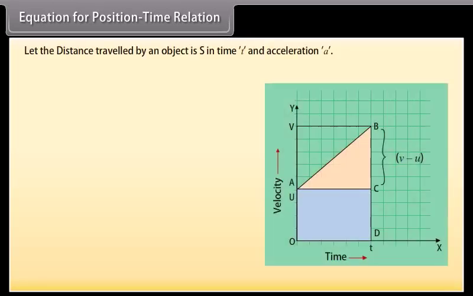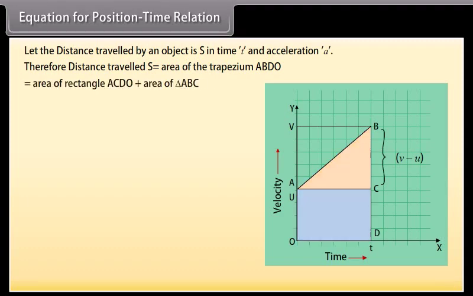Equation for position-time relation. Let the distance traveled by an object be s in time t with acceleration a. We can see that the distance traveled by the object is obtained by the area enclosed within the graph. Therefore, distance traveled, s, is equal to the area of the trapezium ABDO, which equals the area of rectangle ACDO plus the area of triangle ABC, which is equal to OD into OA plus 1 upon 2 BC into AC.